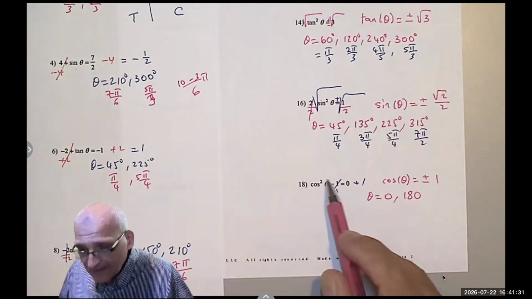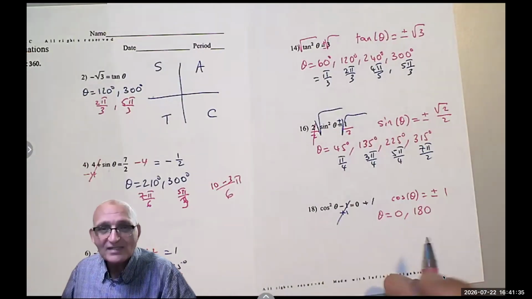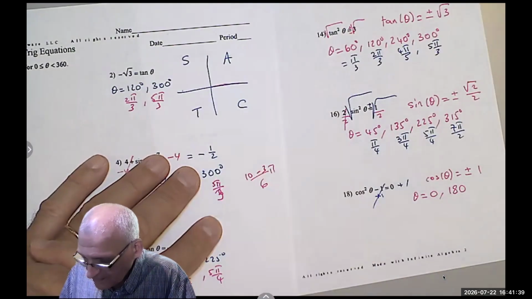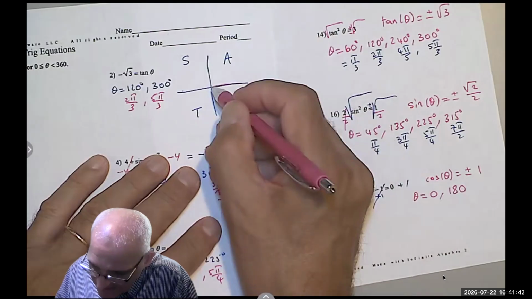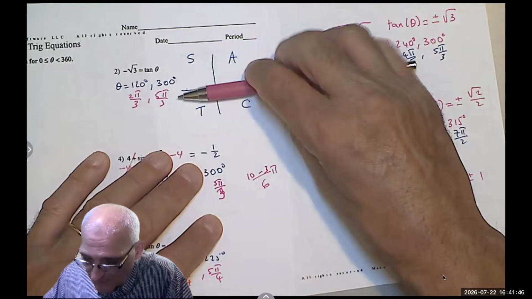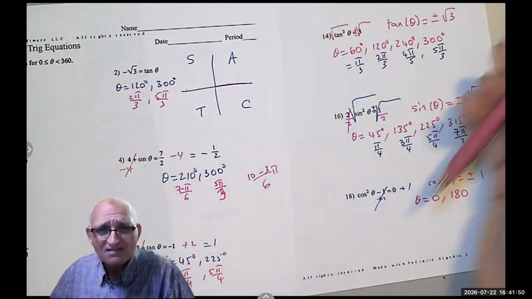And you said four answers. Yeah, they are four. You know what? This is 0. In the first quadrant it's 0. In the second quadrant it's 180 minus 0. In the third it's 180 plus 0, but these are the same thing.